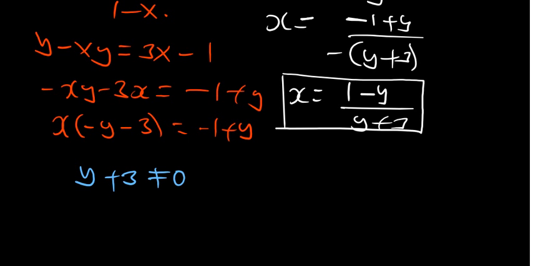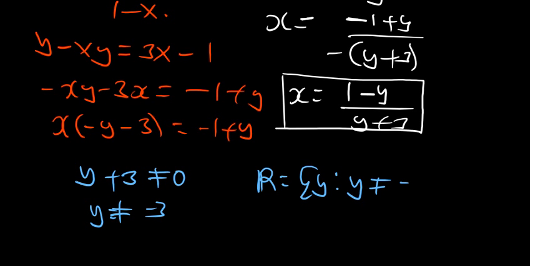So y will not be equal to negative 3. That is my range. So the range is y such that y is not equal to negative 3, but y should be any member of the real numbers. So this is my range.